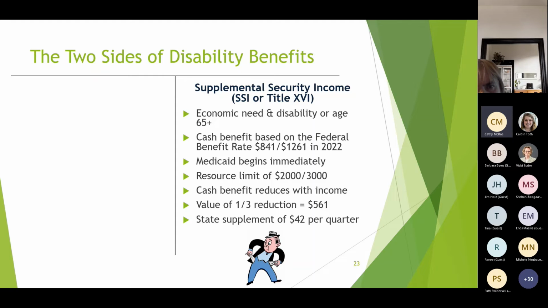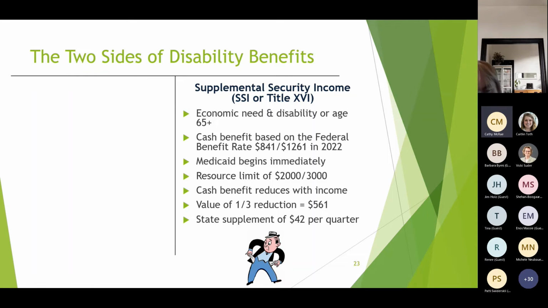You get a specific cash benefit that's called the federal benefit rate. This year, the federal benefit rate for an individual is $841 per month. For a married couple who are both SSI eligible, the monthly amount is $1,261 a month. As I said, it comes with Medicaid, and that Medicaid starts immediately. There is no waiting period.